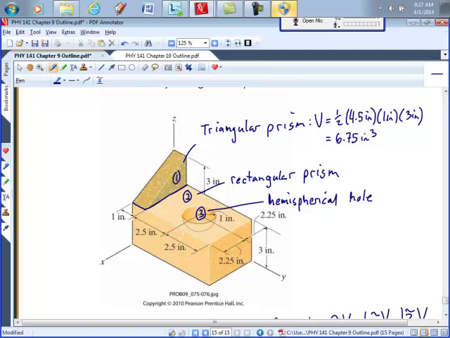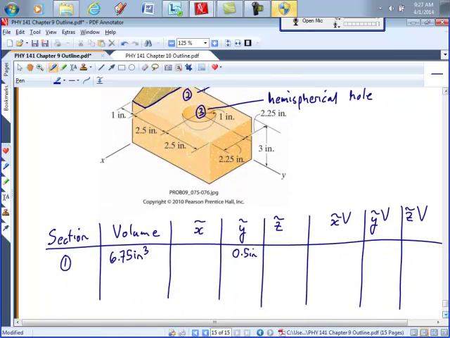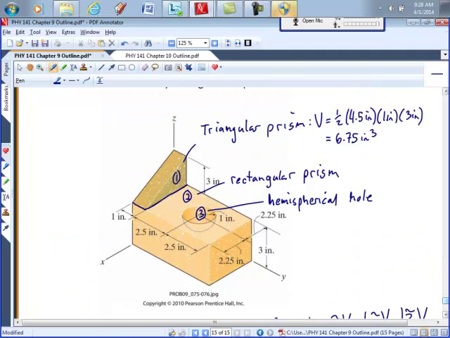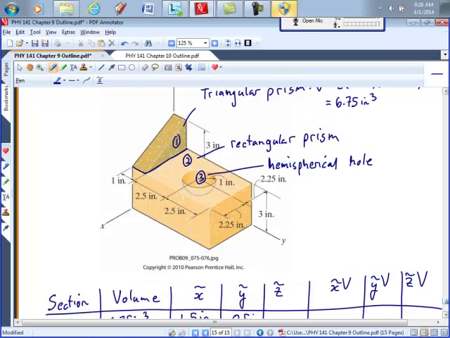Because it's triangular in the xz plane, it's going to be 1/3 of the distance from the z-axis. So that's going to be 1.5 inches. And it's going to be 1/3 of the height of the rectangular prism, which is going to be 1 inch, but the bottom of the rectangular prism starts at z equals 3. So it's going to be 3 plus 1 is 4 inches.